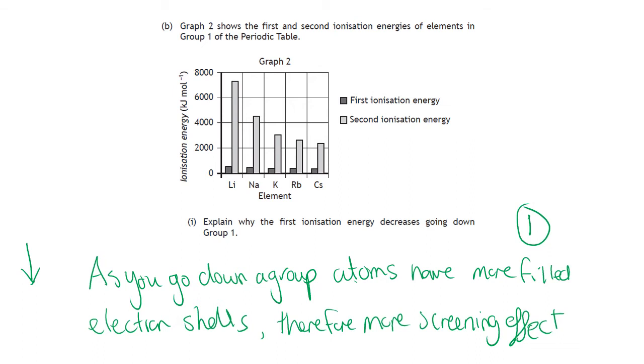So if you mention shells, always mention screening effect. More shells, more screening. For 2 marks, you would then go on to say that there is less force of attraction, so it takes less energy to remove an electron.